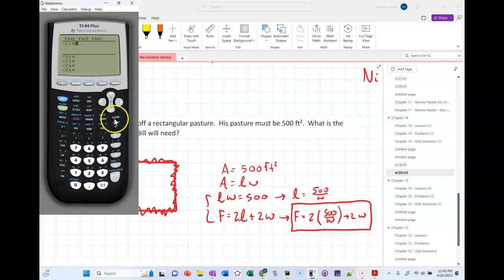So what I'm going to do is I'm just going to type this function into the y equals menu. And I'm just replacing the w's with x's. And the f is just going to be my y, my dependent variable. So there's that. I'm going to set myself a window.